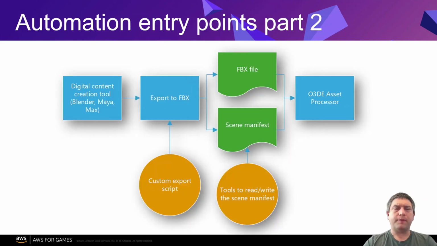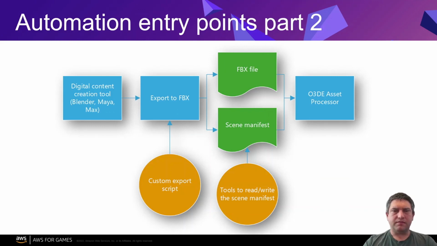The first couple options for automation are at that first step, the pre-export and export step. A lot of teams in their digital content creation tool build themselves or make use of automation tools to pre-check content for any known issues to save time later, as well as prep and make final changes to the content before it's written to the scene file.